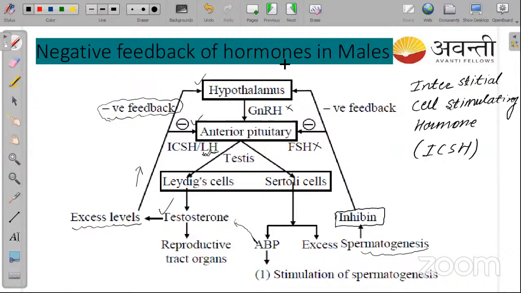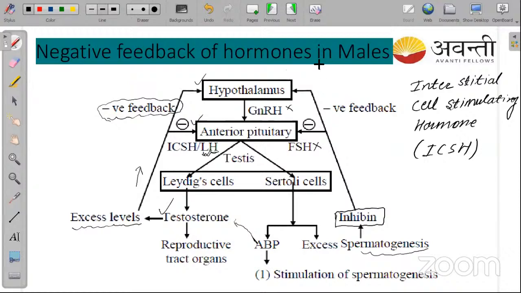So first of all, just see this complete diagram properly, then you can easily understand this process. Everything is explained here.